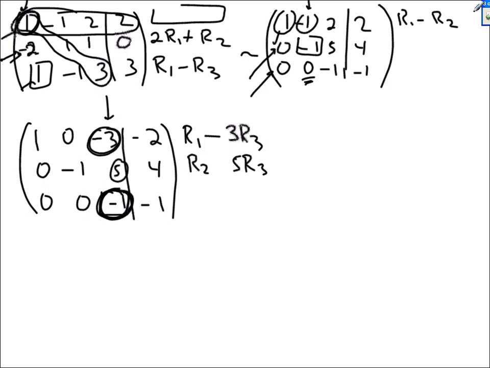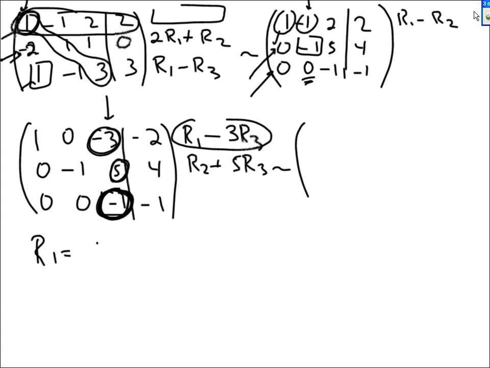Well, now let's talk about signs. If you don't do anything to row 2, you have a 5. And if you multiply row 3 by 5, you get a negative 5. You have to add to get 0. Okay, let us do this arithmetic. So we are messing with row 1 now.